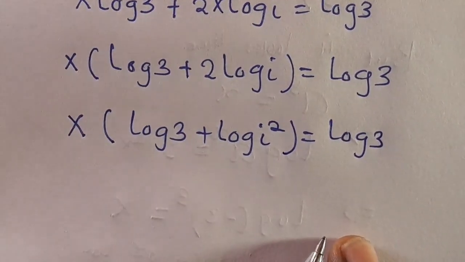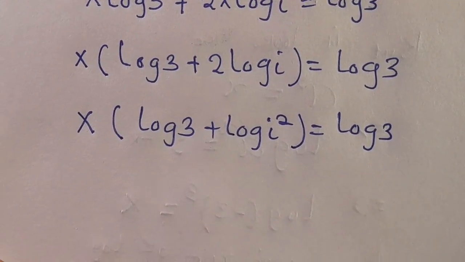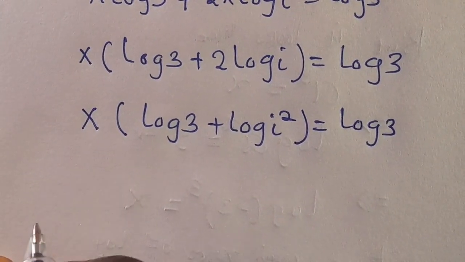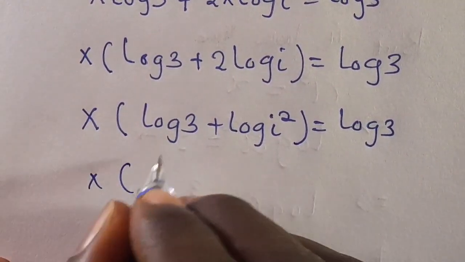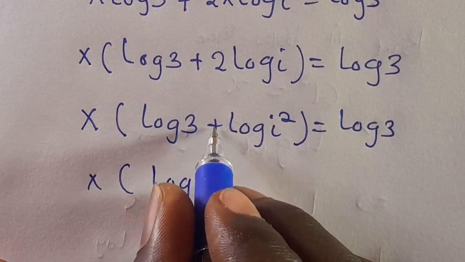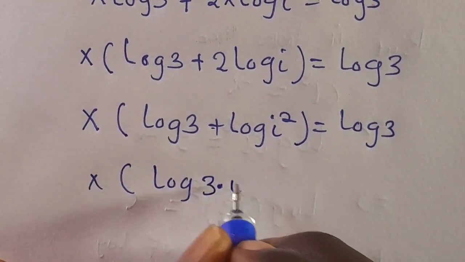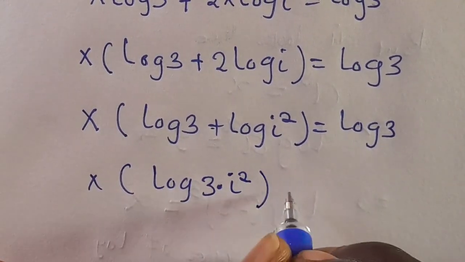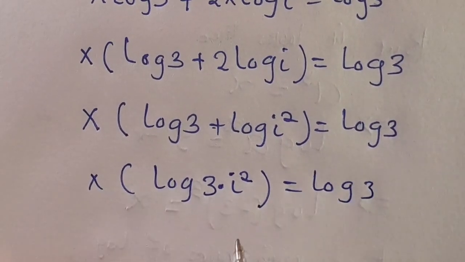So from here, we can change it to multiplication back again as log of 3 multiplied by i squared, then equals log 3.